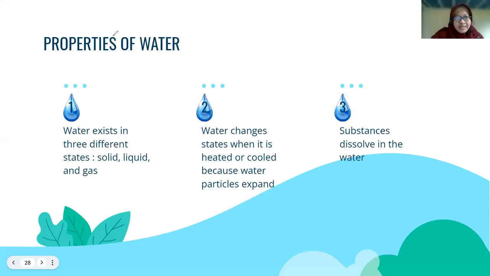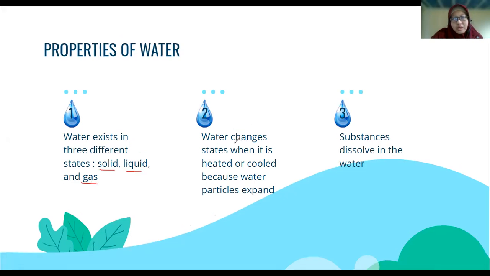Okay, so based on your book, the properties of water, the first one is water exists in three different states: solid, liquid, and gas. And water changes states when it is heated or cooled because water particles expand. The arrangement of the particles is getting bigger or smaller.